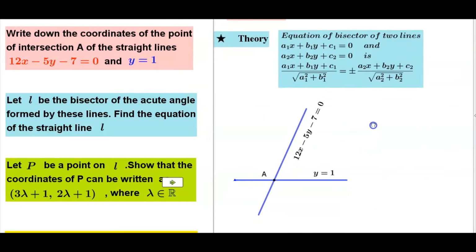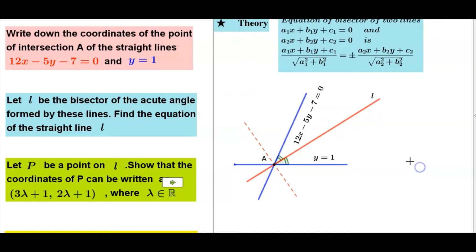Okay, now these two lines, 12x minus 5y minus 7 equals 0 and y equals 1, intersect at point A. Now we want to find the acute angle bisector, that is the line L. Let's say this is the acute angle bisector, that is L, and the other one is the obtuse angle bisector. Now we use this theory.